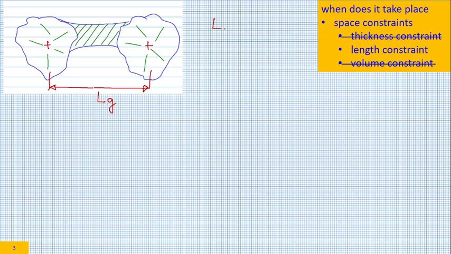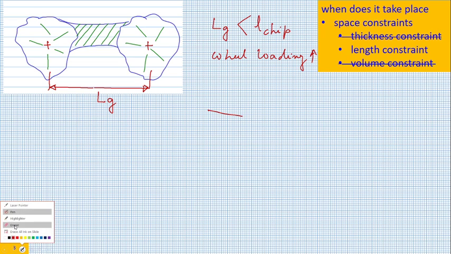Now this LG, if it is less than the length of the chip, in that particular case your wheel loading chance would be higher. Now let us take a simple case of a shaping operation to find out this particular relation.